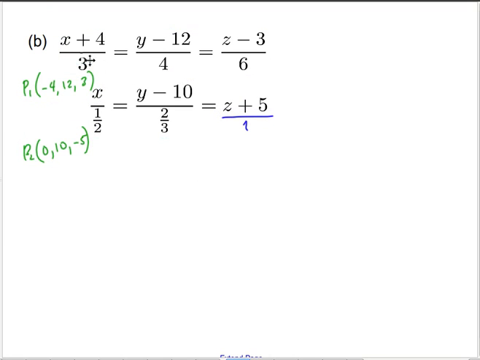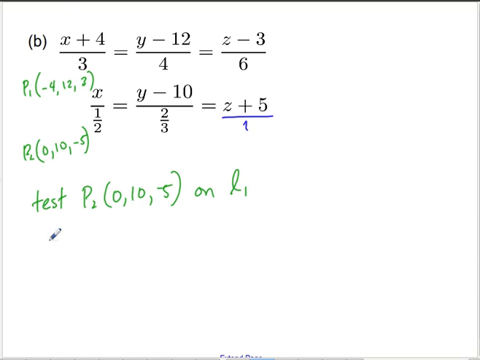Okay, so what I'm going to do is test the point, well, it looks like P2 is actually easier. So I'm going to test the point P2, which is 0, 10, -5. But if I'm going to test that, then I have to test it on L1.